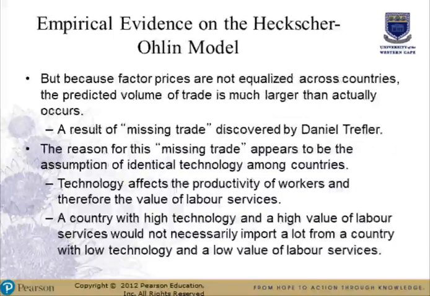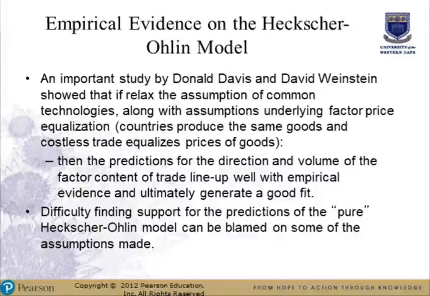On the other hand, the comparison of the exports of labor-abundant, skill-scarce nations in the developing world and the exports of skill-abundant, labor-scarce nations do fit the prediction of the Heckscher-Ohlin model.